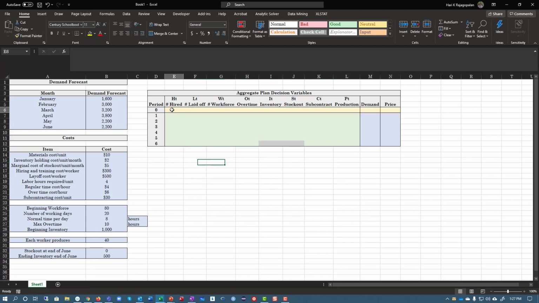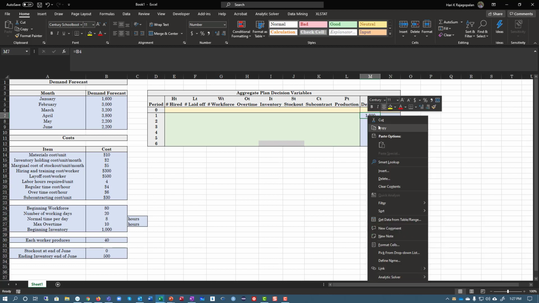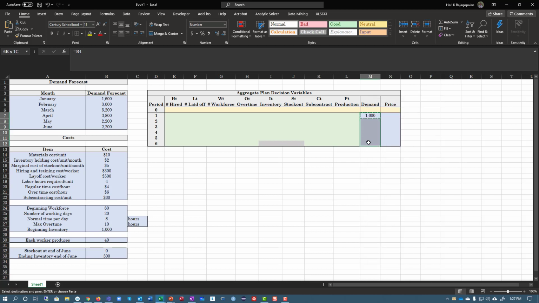So we have all the values set up here. Now for your demand, go ahead and use equal to and select this. Remember that you want to use formulas rather than just put the demand in, because later on, if you change this value here, it automatically changes here. You have a starting workforce of 80, and so we're going to select that here.